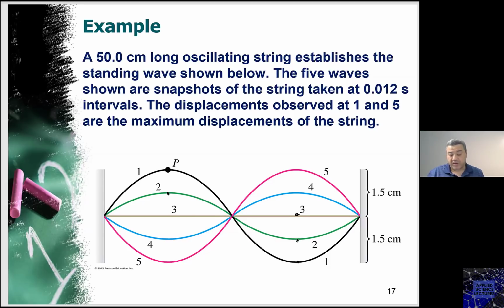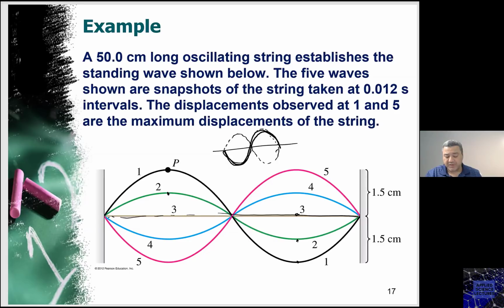Why completely destructive? Because at that point, they are out of phase. At that point, they look like this. So if you do the superposition that we talked about, you are going to get 0. So this is number 3.